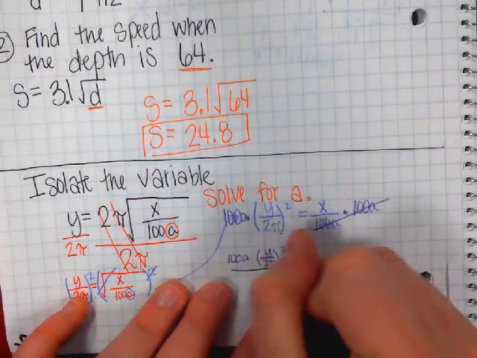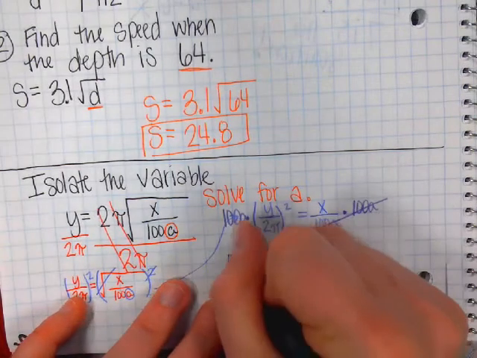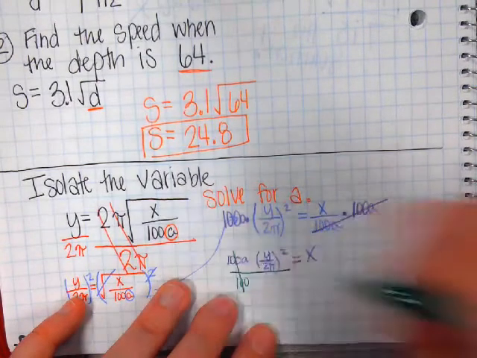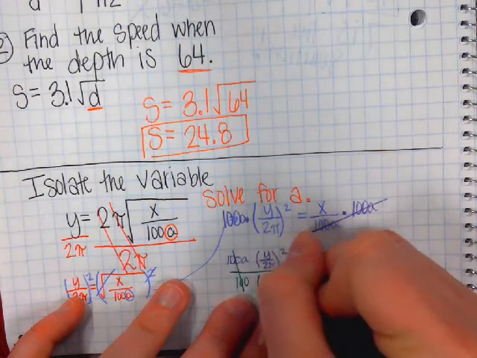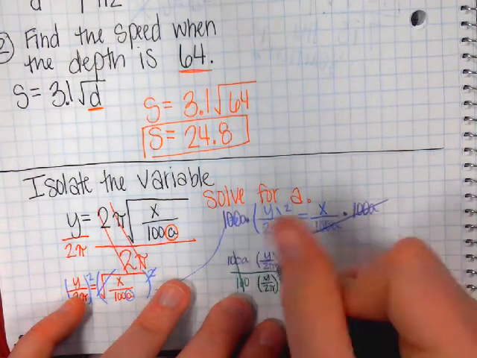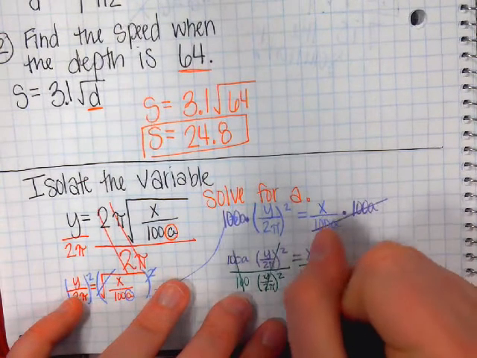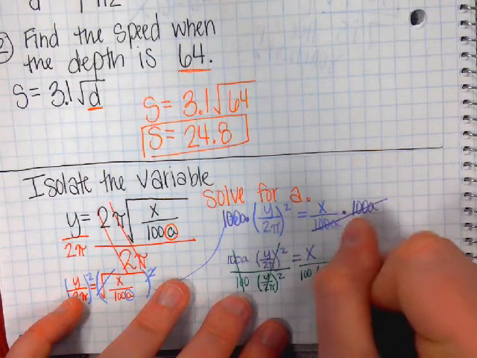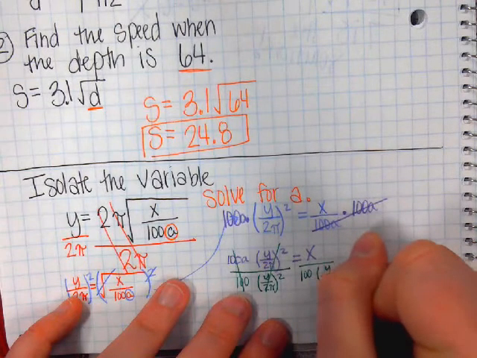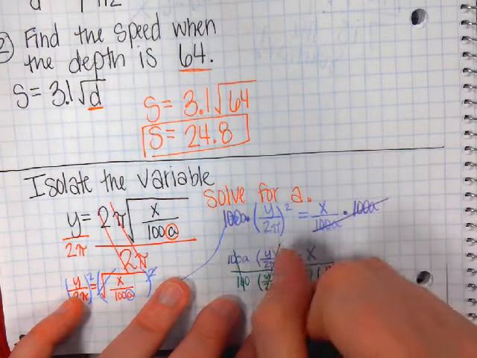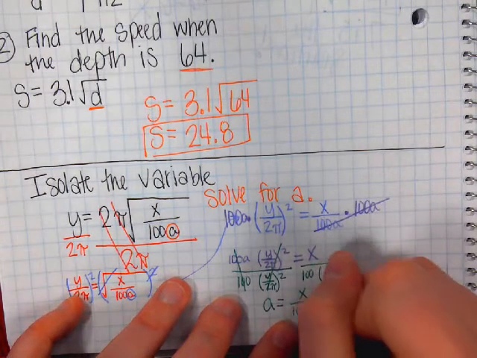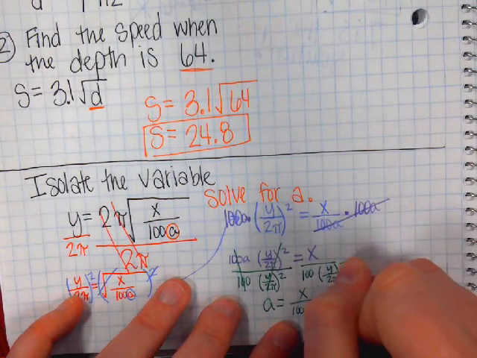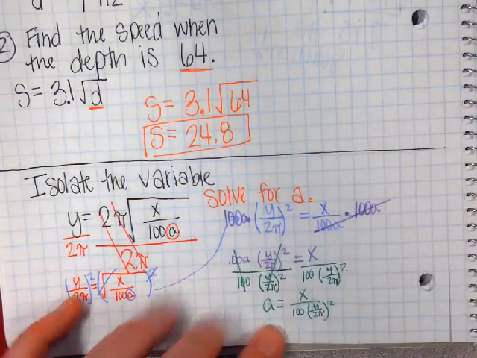So I need to divide by 100 and divide by y divided by 2 pi squared. So it would be a equals x divided by 100 times y divided by 2 pi squared.